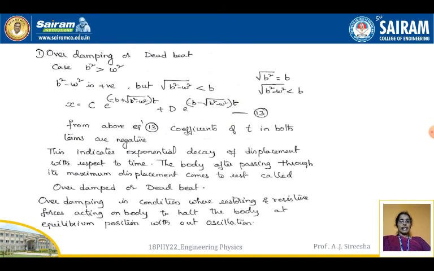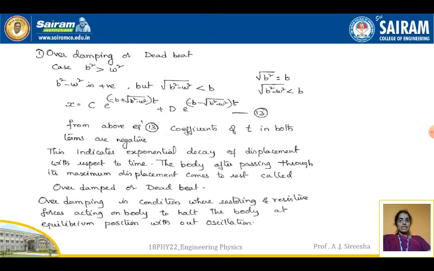Now we see the three cases. First, overdamped or deadbeat, the case of b square greater than omega square. When b square is greater than omega square, it is called overdamping or deadbeat.